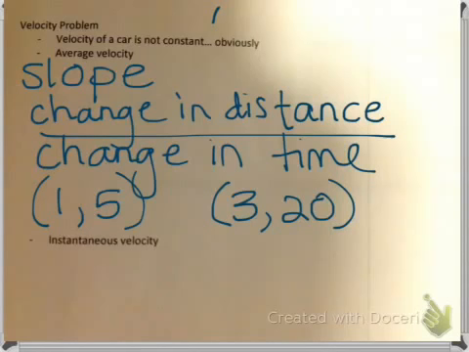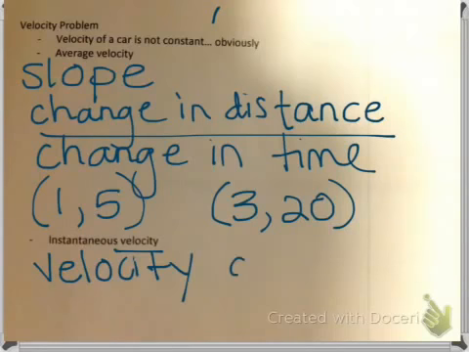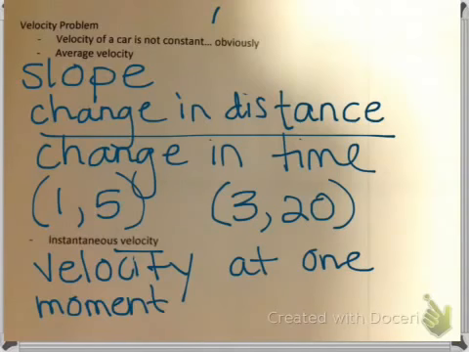Now, instantaneous velocity, I actually want how fast am I going at 1 point in time. So this is my velocity at 1 moment. So I could say to you, what was my velocity after 2 seconds?